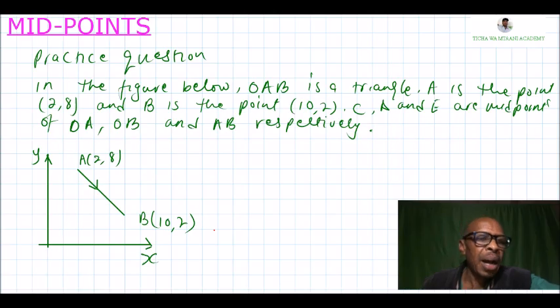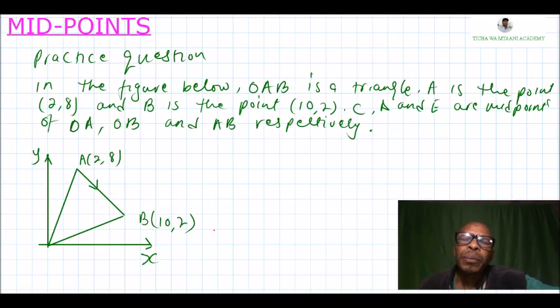Then we can draw the corresponding position vector of OA and OB. Then we can join the midpoints. So that is a midpoint, that is a midpoint, and this is a midpoint here. We label our diagram. So this is labeled A, B, C. We have D and E. So those are the points.